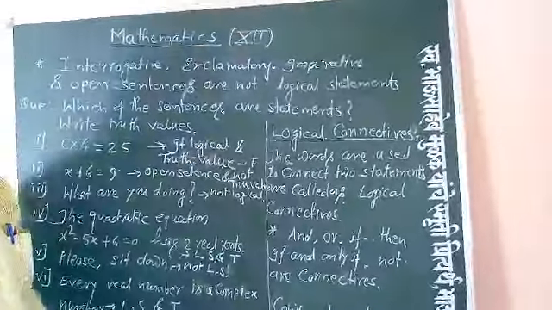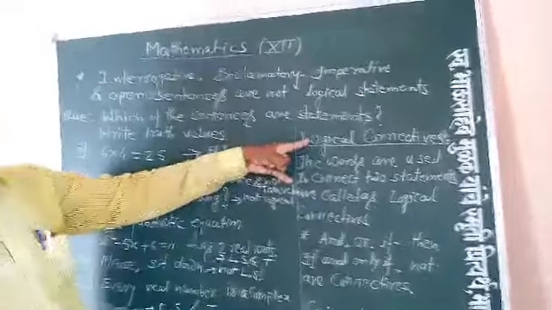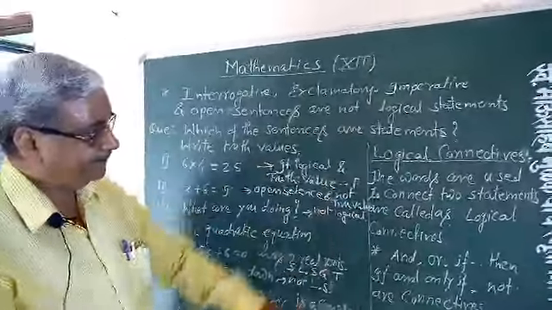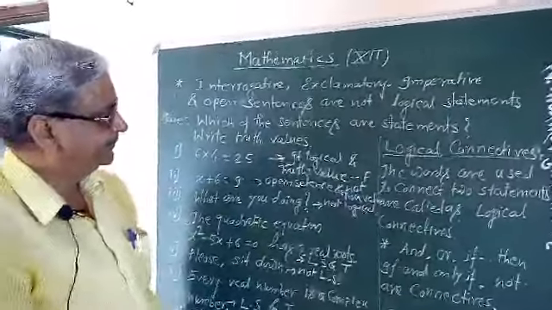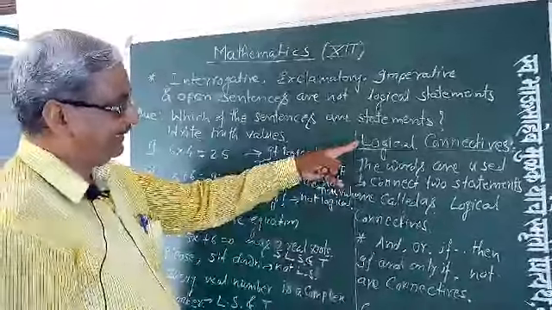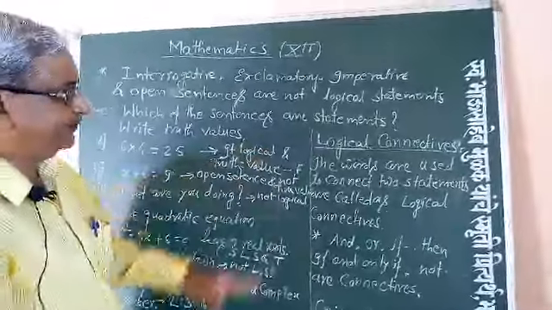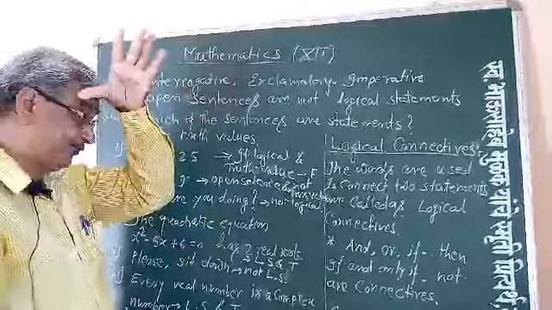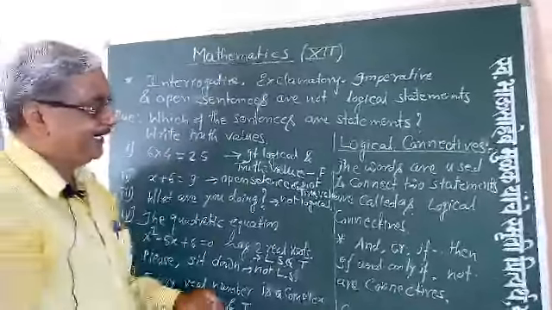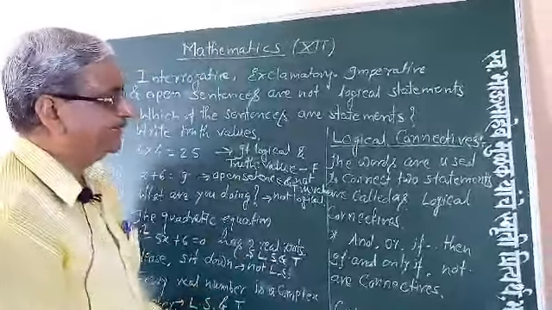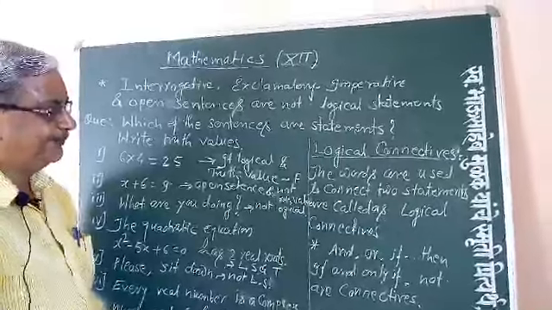So what are the logical connectives? What is meant by logical connectives? In our language, different types of words or phrases are used, like and, or, if then, if and only if, but.